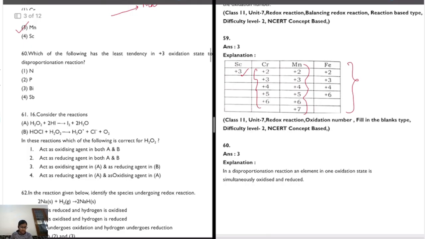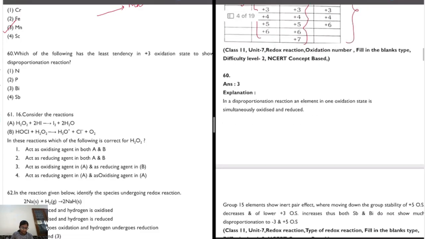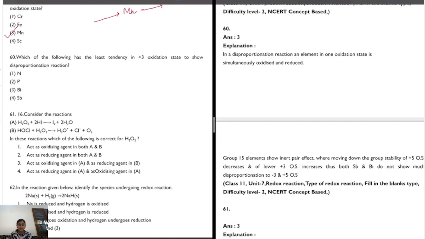The next question: which of the following has the least tendency in plus 3 oxidation state to show disproportionation reaction? See, in disproportionation reaction, I have already told you what it is about. One species should undergo oxidation as well as reduction simultaneously. All right. These are the elements of the nitrogen family. And on moving down the group, what happens?